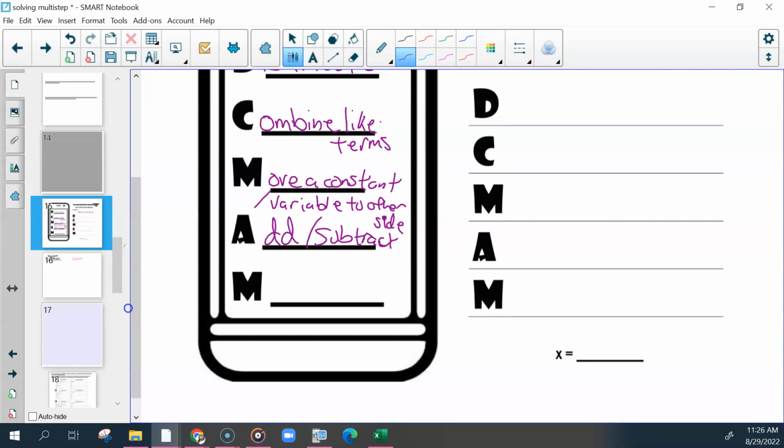We usually have to repeat this step: move the other constant or variable, and add or subtract. Then we end up with a variable term equals a constant term, and to get that variable term completely by itself, we multiply or divide.